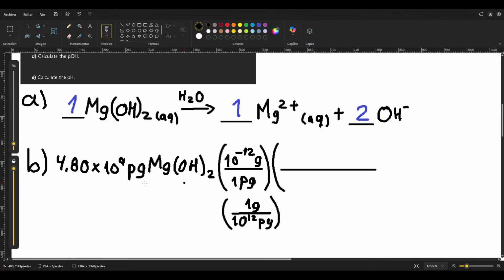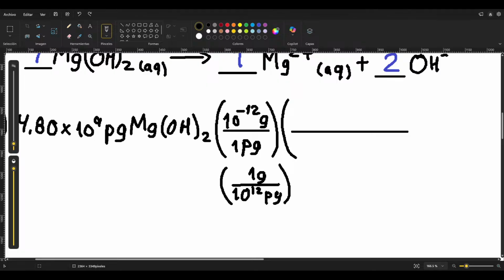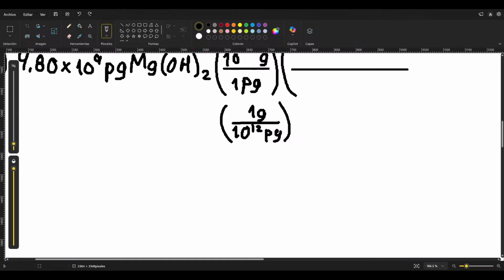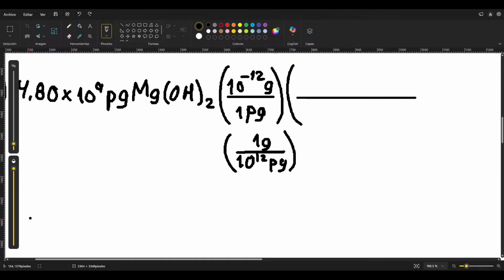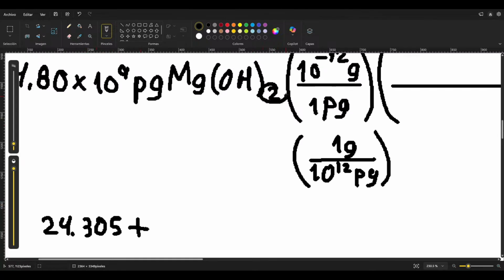So now that we have it in grams specifically, we convert it to moles with the molar mass. So the molar mass of magnesium hydroxide, well, we have to look at the periodic table. Okay, magnesium has a molar mass of 24.305 plus, and be careful here because we have a 2.